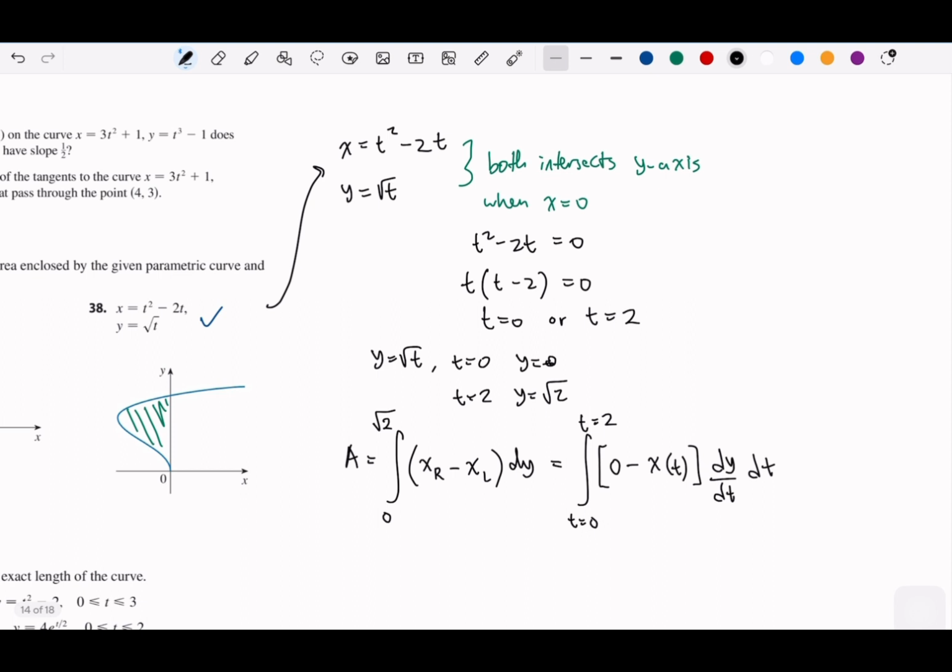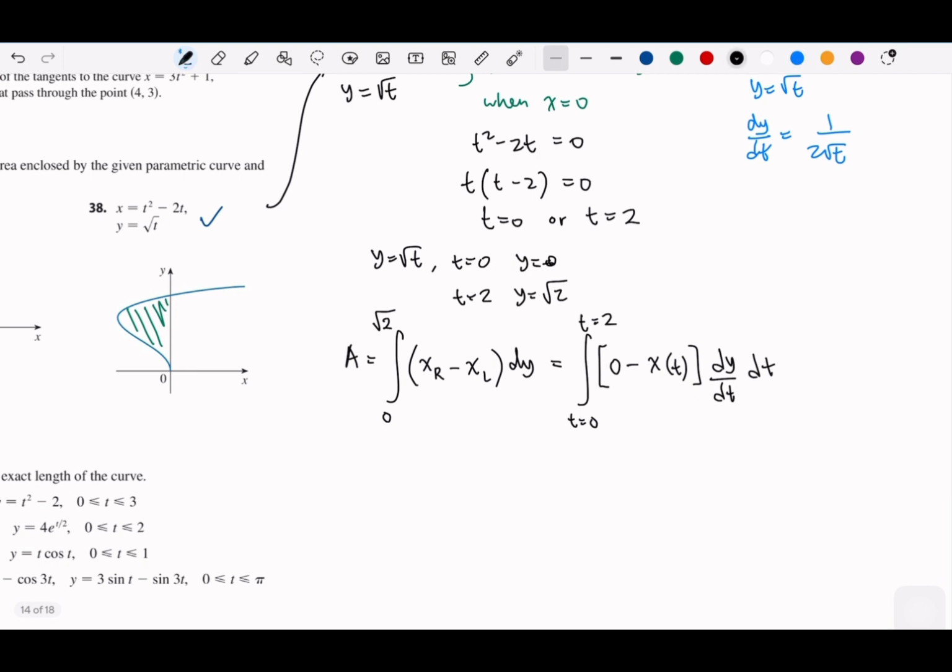So let me write here just to take the derivative. So y is square root of t, dy dt is 1 over 2 square root of t, right? So this will be 0, 2, and then let me put the negative on the front.